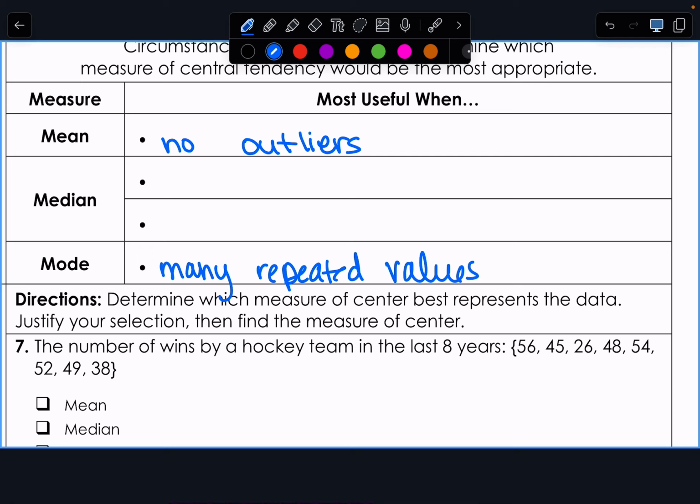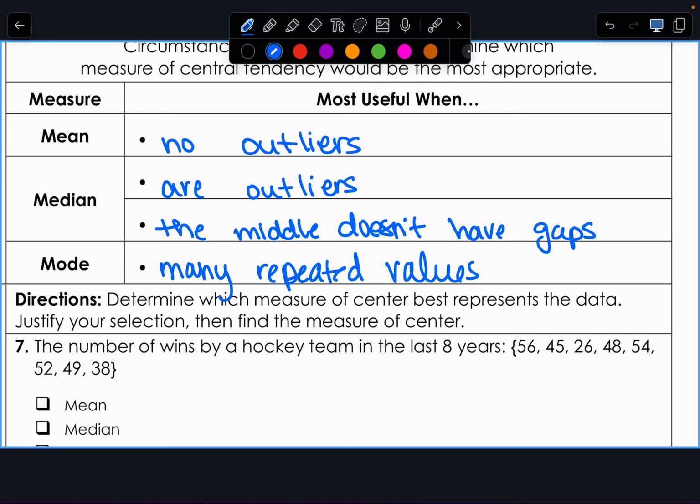Okay. The median is going to be helpful if there are outliers, and the middle doesn't have a lot of gaps.